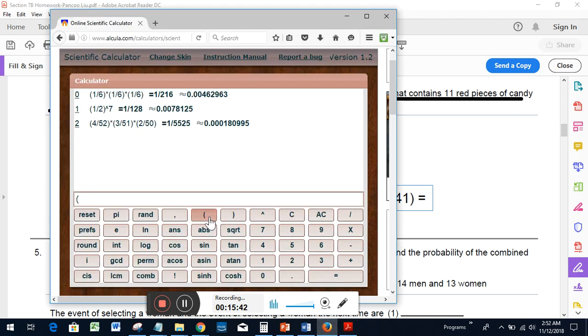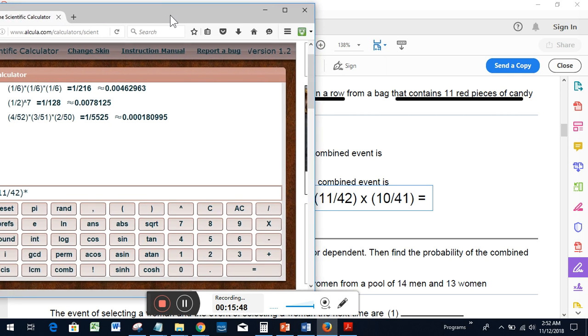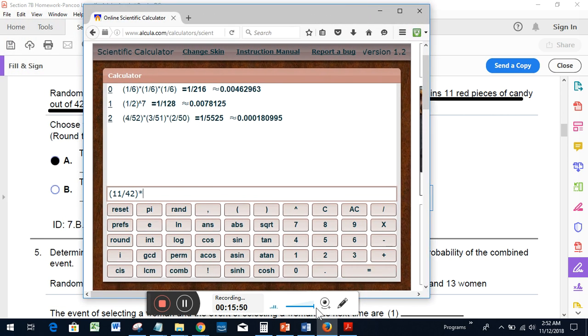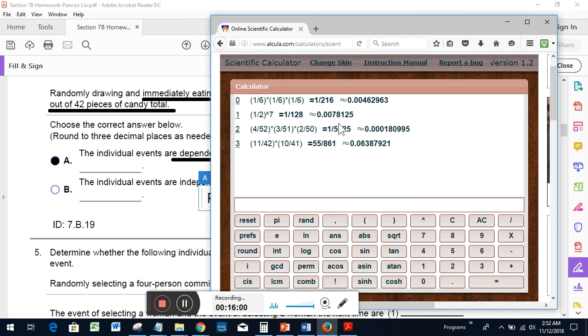So again, 11 out of 42 times 10 out of 41. Then our decimal answer, round to 3 places.